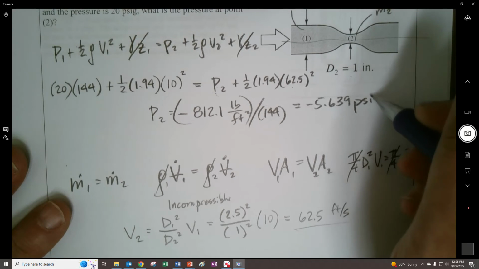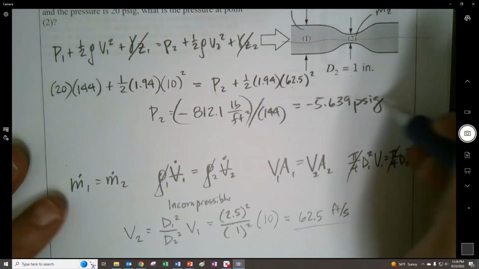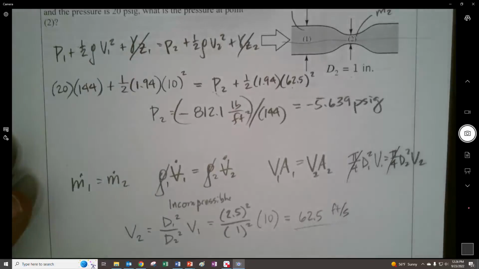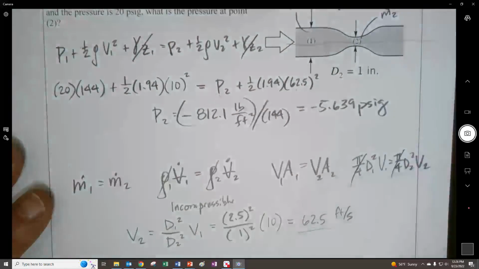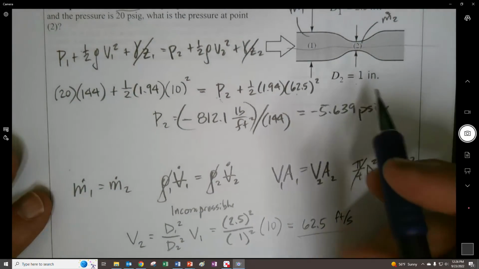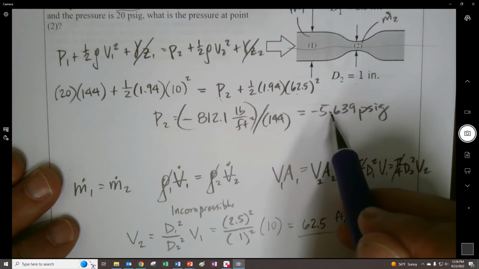Remember, that's PSIG, right? So this is referencing having 0 as being atmospheric pressure. So this is negative.